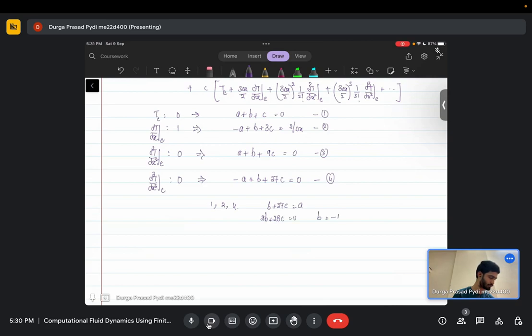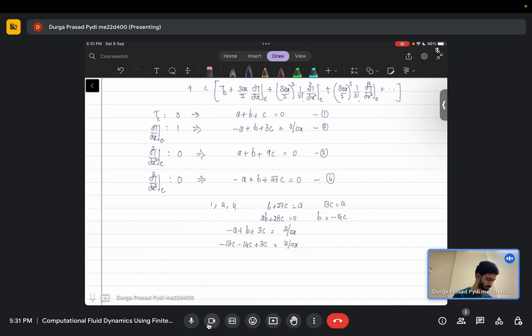b equals minus 14c, substitute back, 13c equals a, substitute back. We have minus a plus b plus 3c is 2 over delta x. Minus a is minus 13c, b is 14c, plus 3c, 2 over delta x.